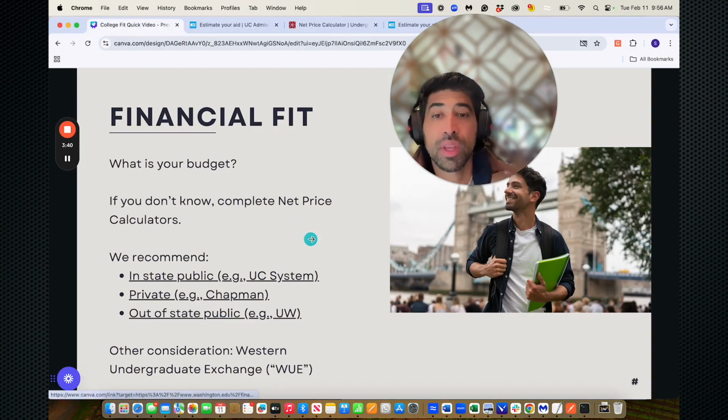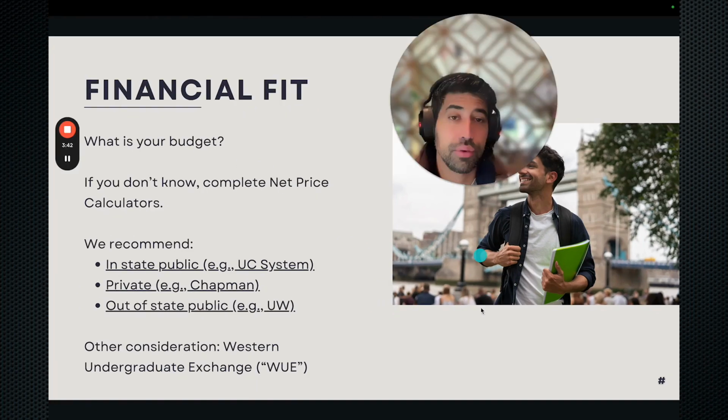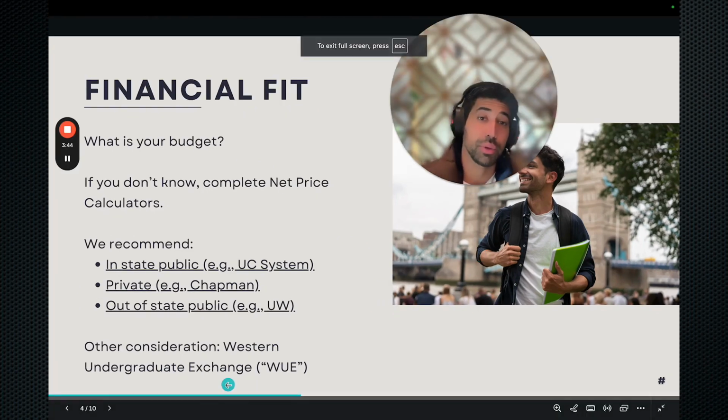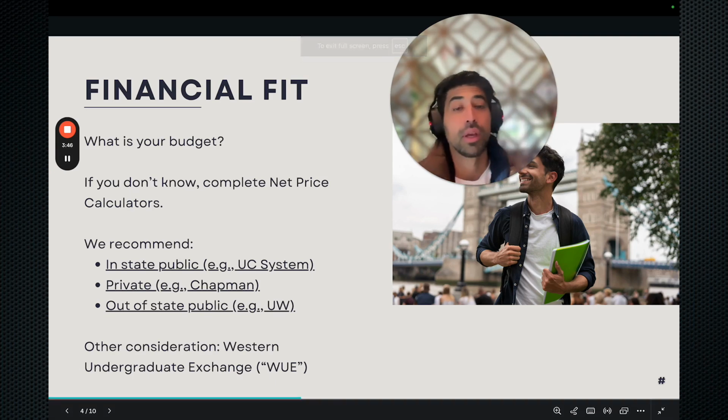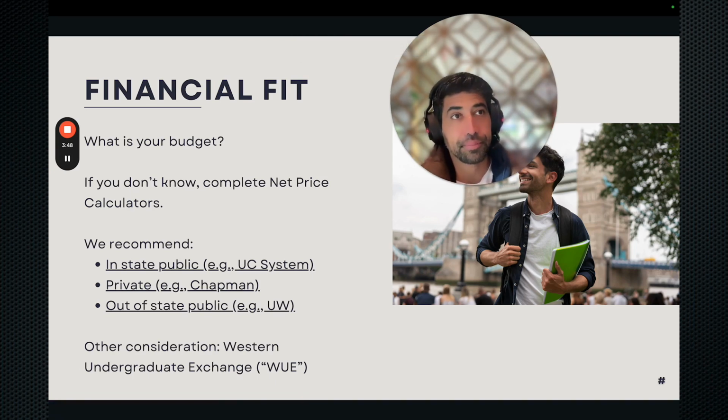Okay, so let's go through the last thing. Western Undergraduate Exchange is a really, really interesting thing. It is offered by over 160 colleges, I believe, across the 16 westernmost states.